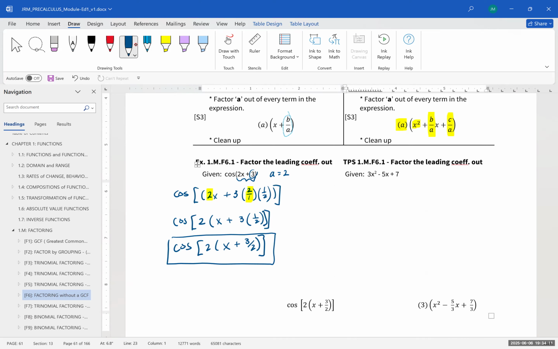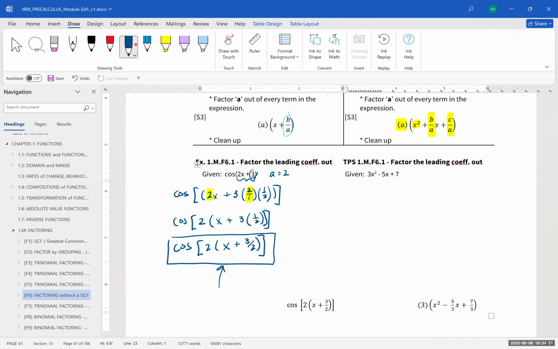You don't know this yet, but being able to do something like this will be helpful later when we're graphing trig functions. So this is one way you can see this in the wild.